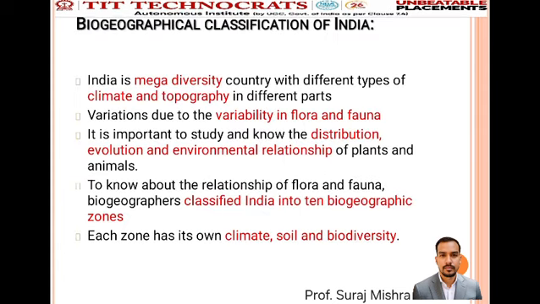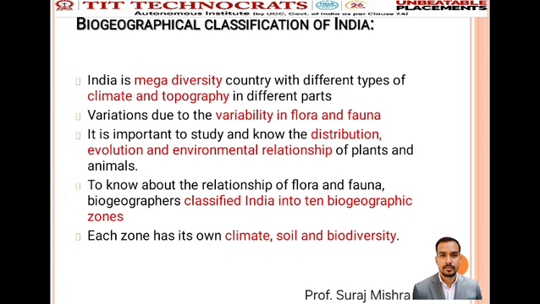Biogeographical classification of India. As we already know, India is one among the 12 mega biodiversity countries. India has more than 47,000 species of plants and more than 81,000 species of animals.